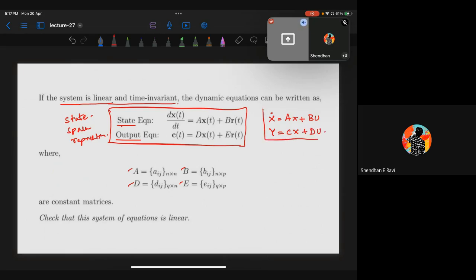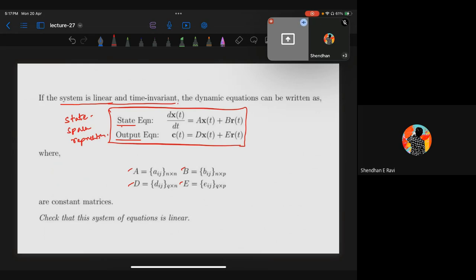Both are right. Here in place of x we have x of t, and in place of u we have r of t. Any terminology is correct. Where a, b, c, d are the matrices of the state space system.